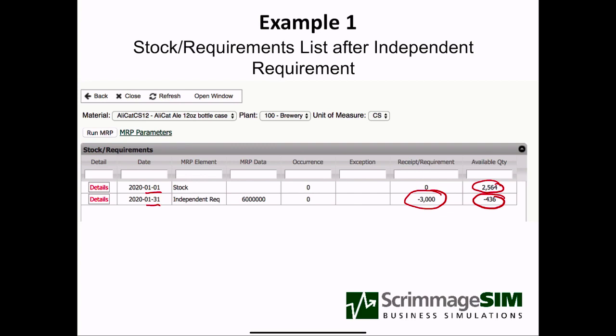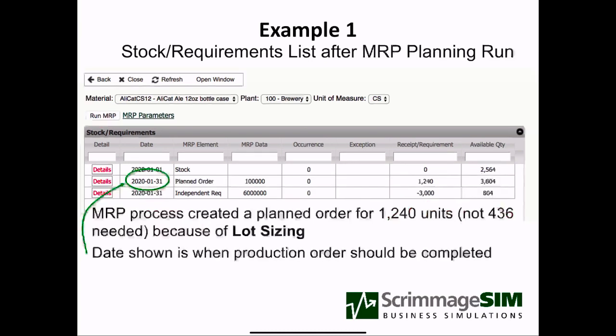At this point, we can ask MRP's advice by running MRP and seeing what it will recommend we do to make sure that we don't have a negative inventory balance. In other words, to make sure that we don't run out of beer. After running MRP, we can see that it's created a planned order, in other words, a recommendation that we produce beer. The quantity it recommends is 1,240 cases.